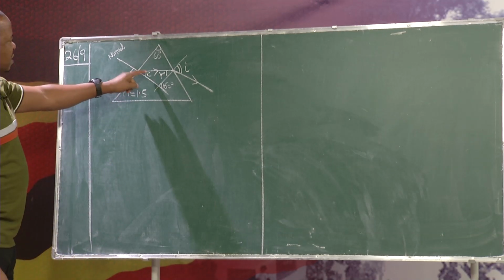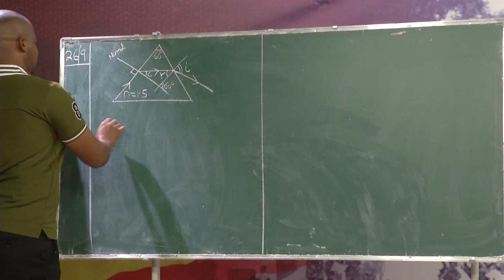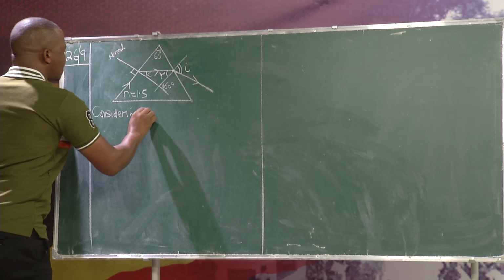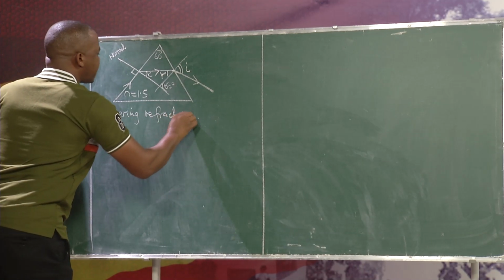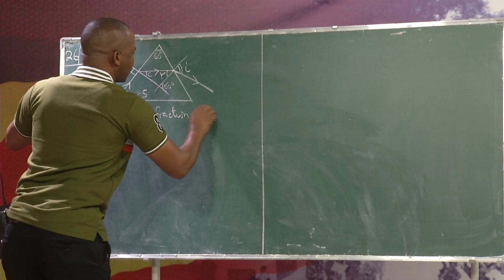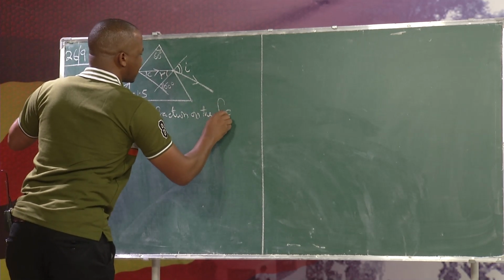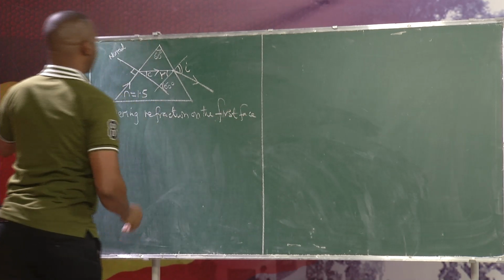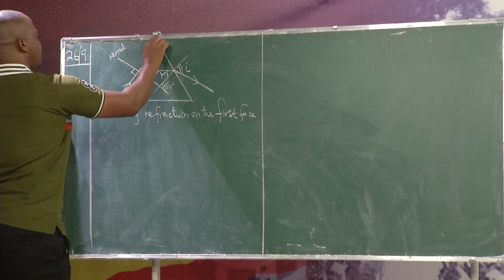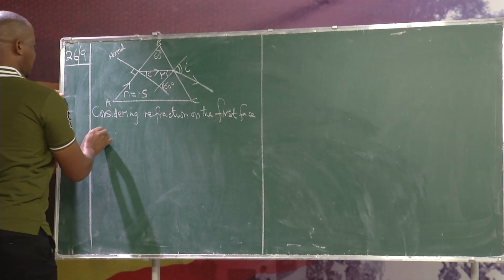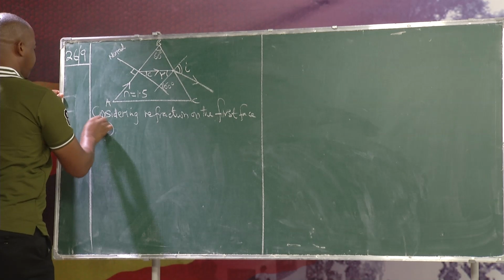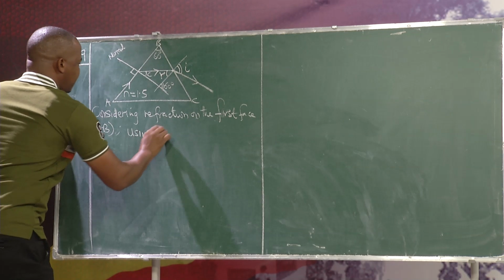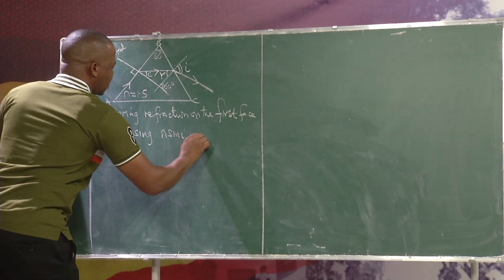So using refraction on the first face, I can even choose to call this A, B, C, and I say on face AB, using n sin I is a constant.